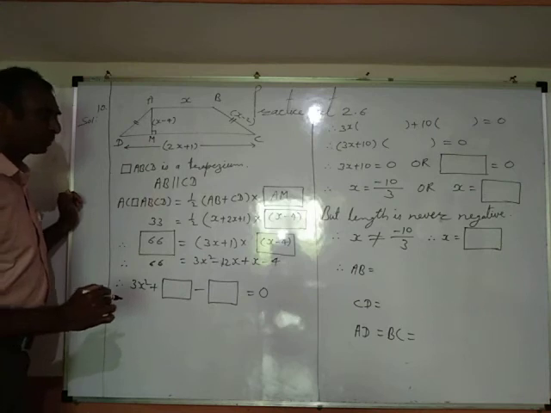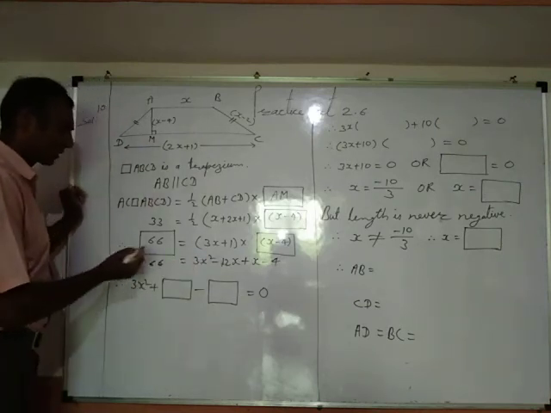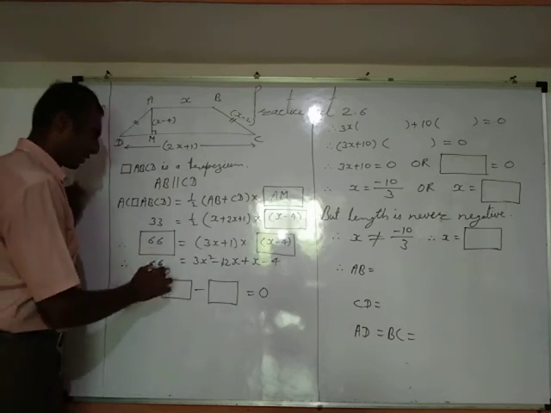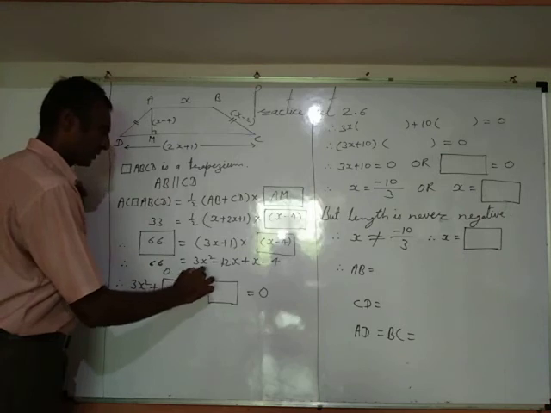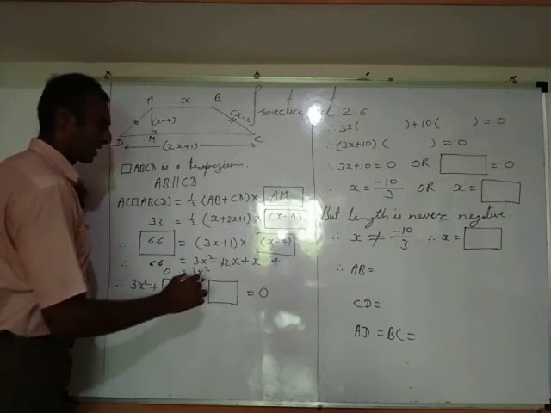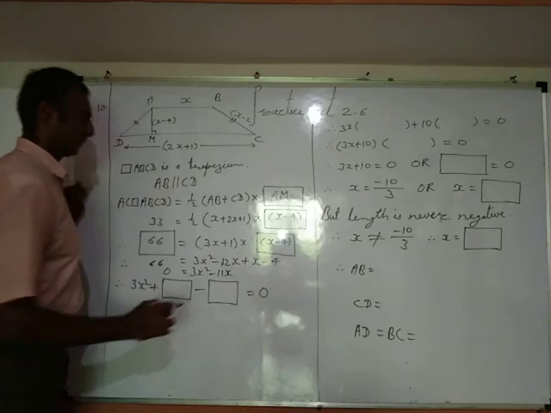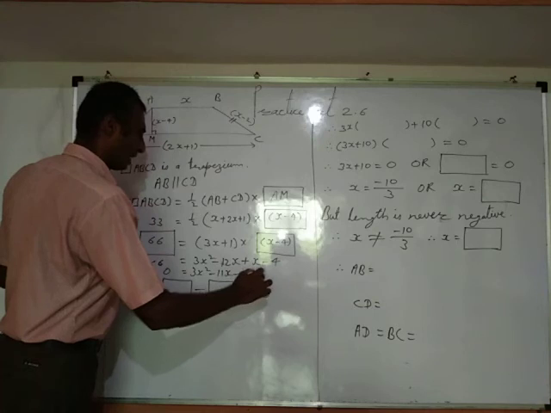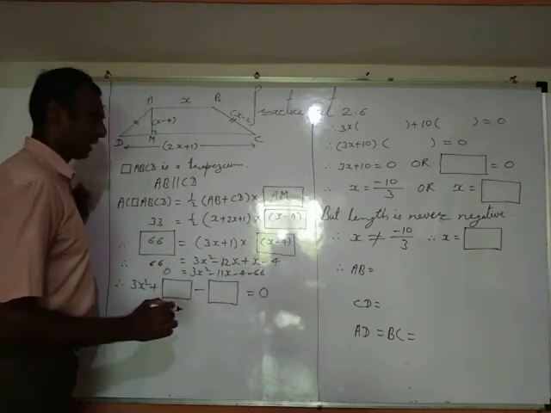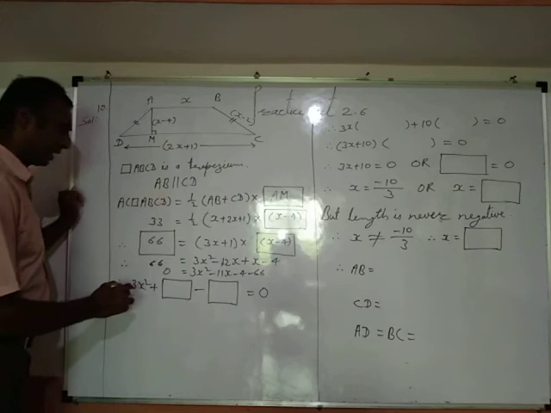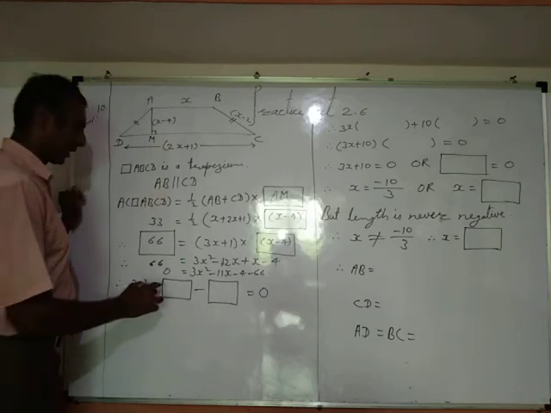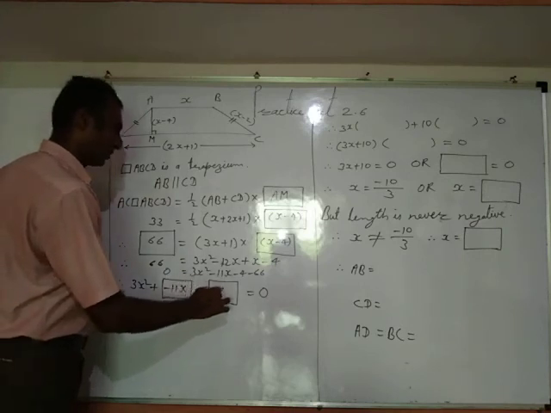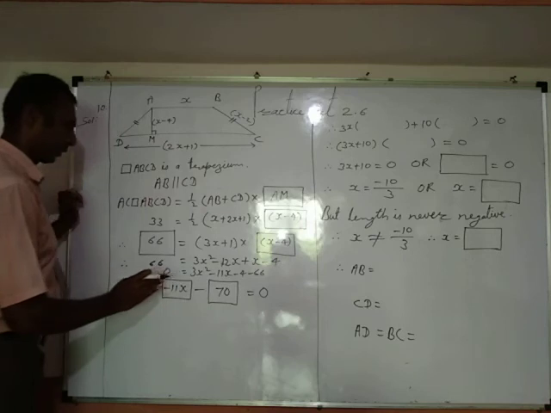If we transfer all these terms towards the right side, we are going to get at LHS 0. 0 equals 3x square minus 12x plus x gives us minus 11x, and minus 4 minus 66 gives us minus 70. Okay, and therefore the equation will be 3x square minus 11x minus 70 equal to 0.